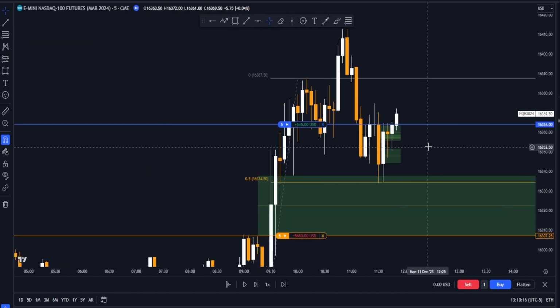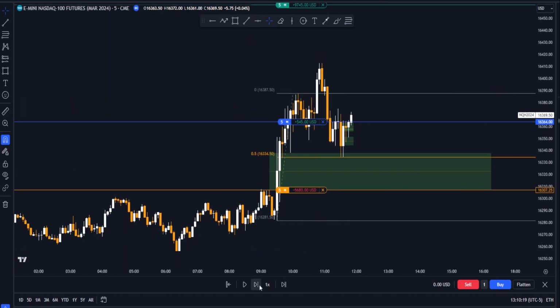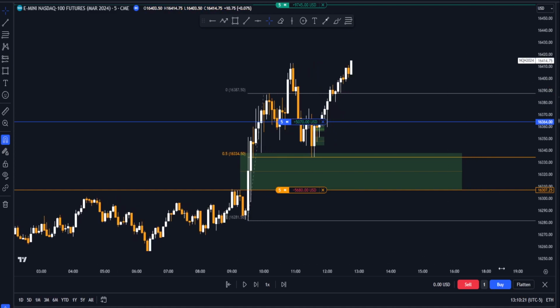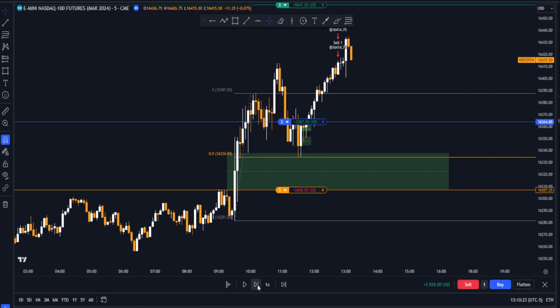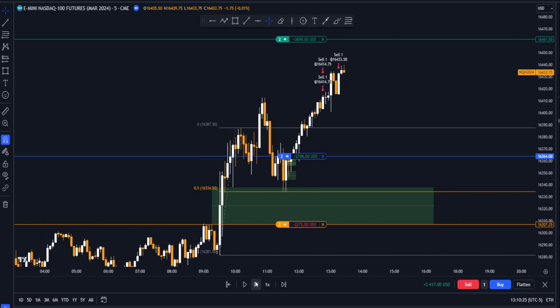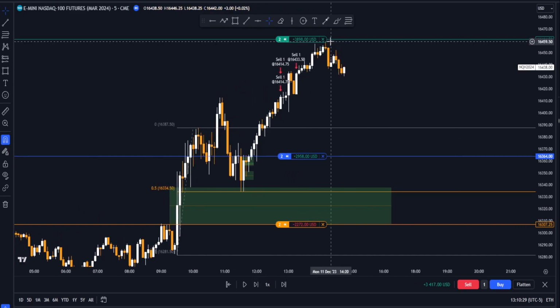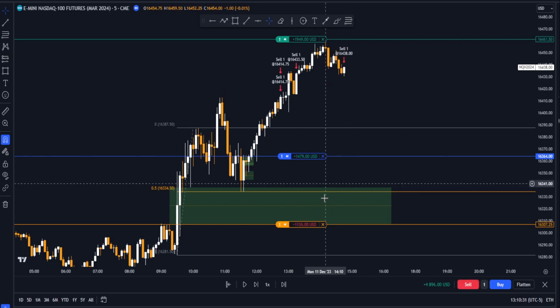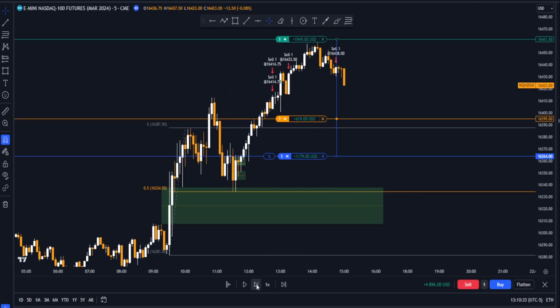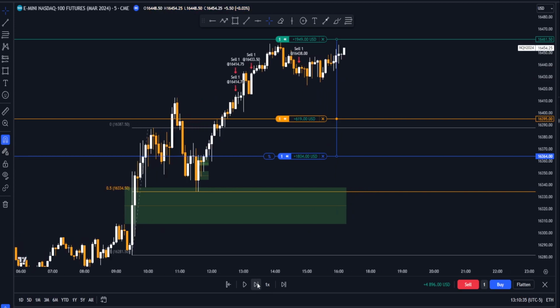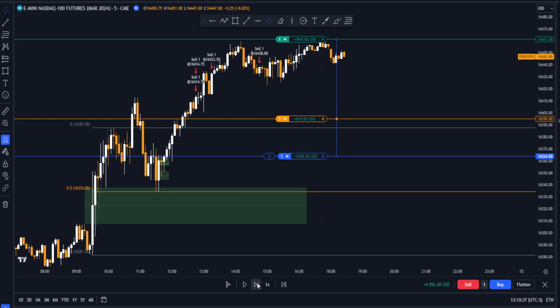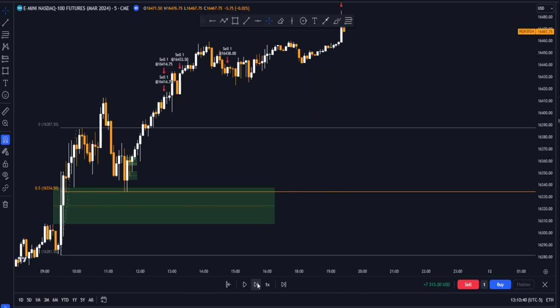And now just let it ride and take profit along the way up. We might not touch this, so just take profit, move our stop loss, and see how this goes. It's teasing us, and simple as that.